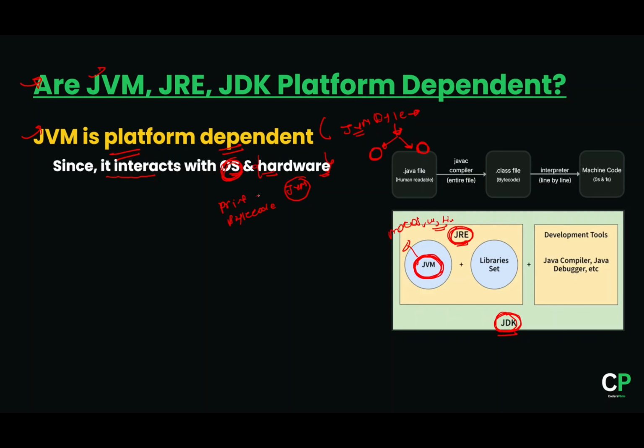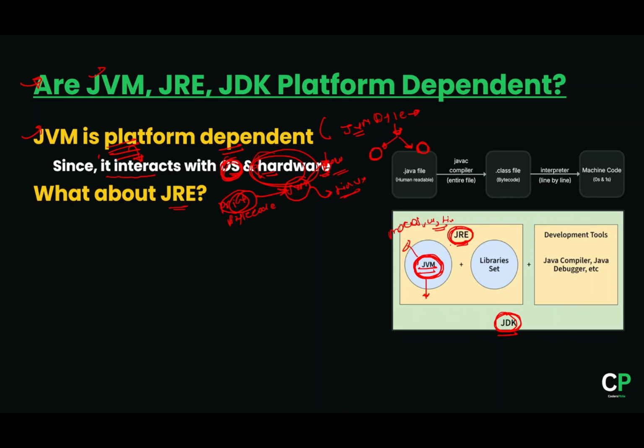If the JVM is on Windows, it will convert to the machine specific instruction for Windows, and if the JVM is on Linux, it will convert the same print statement to the Linux equivalent. That's why the JVM is platform dependent, because it interacts with the OS and the hardware. It is different for Windows, Mac OS and Linux.